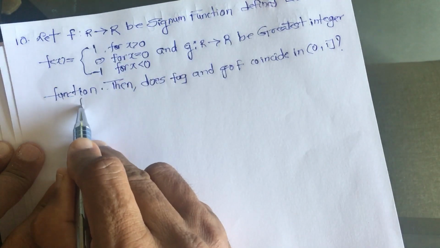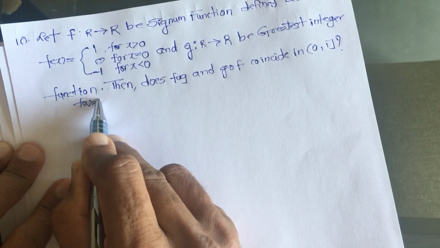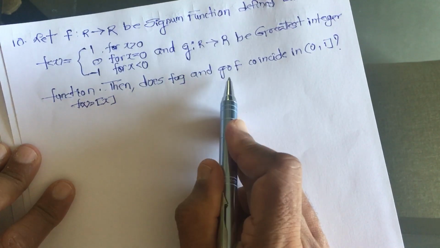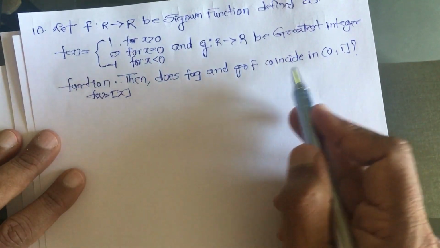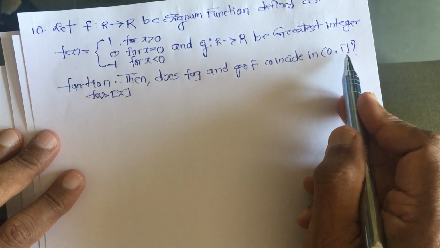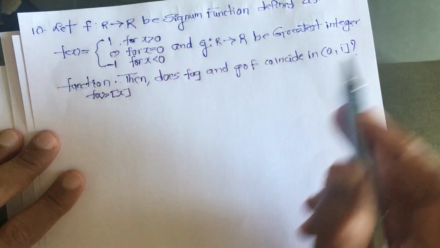So, here g of x equal to square bracket x. Does f composite g and g composite f coincide in the semi-closed interval 0 1?